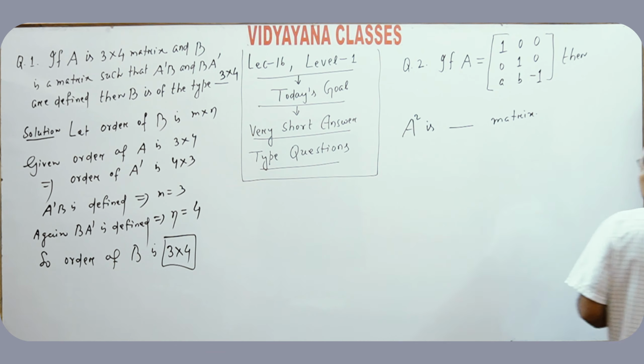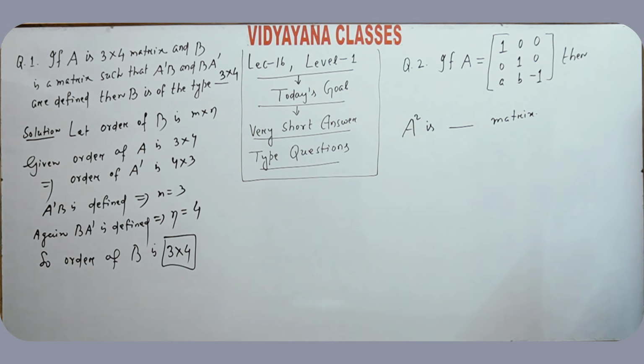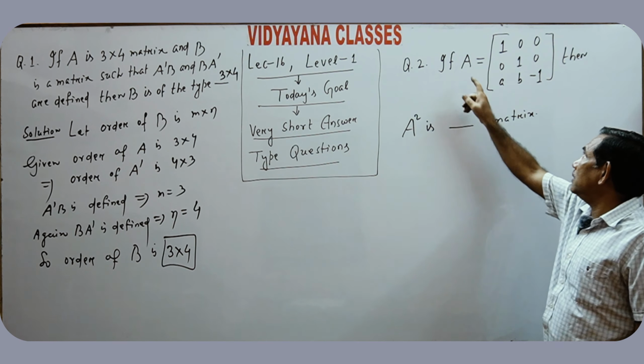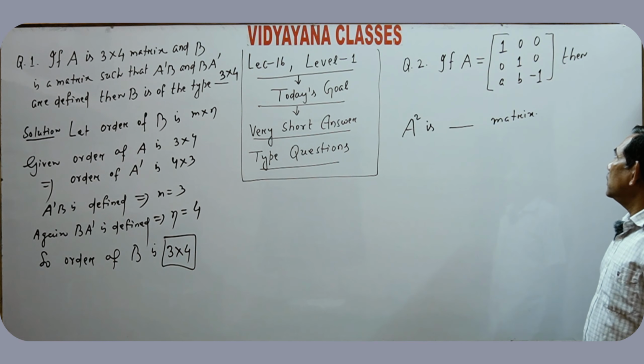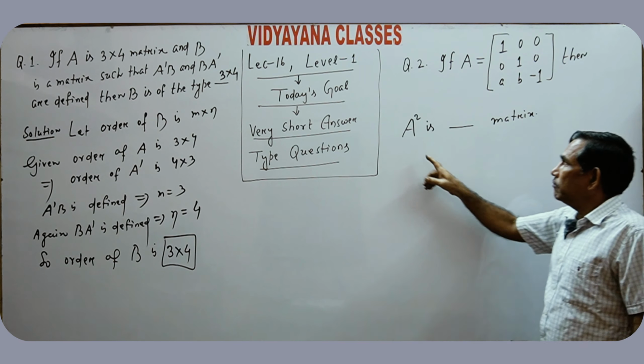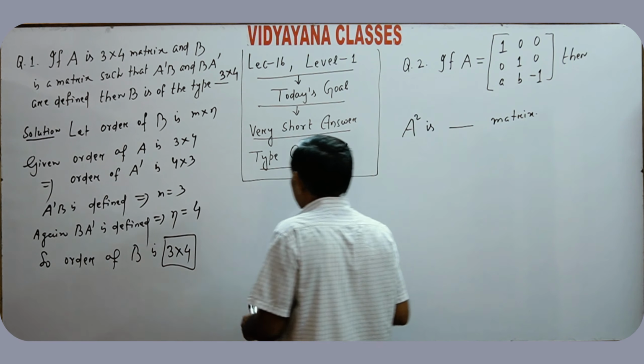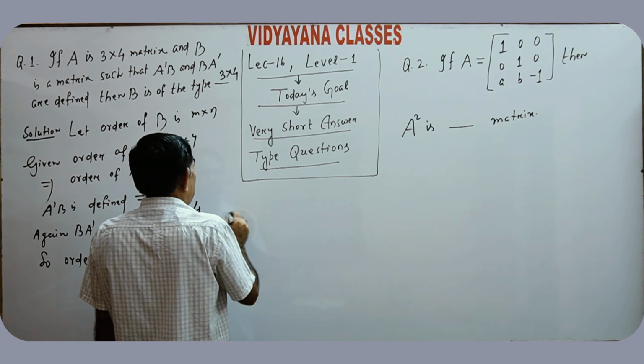Okay. Next, question number 2. If capital A is a matrix having elements 1 0 0, 0 1 0, A B minus 1, then A square is a dash matrix. Solution.